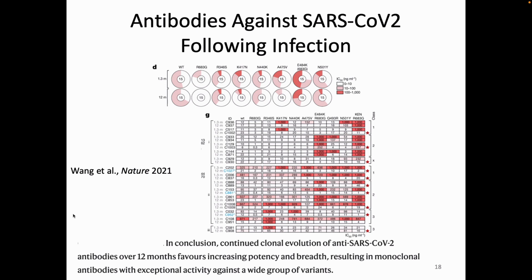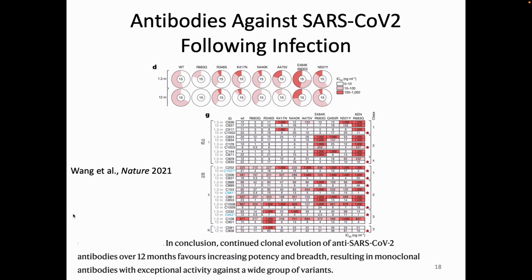This is actually telling you at 1 month and 12 months what percent will act at different levels. Here you can see that you've got some relatively weak ones, some kind of medium ones. And if you look at the variants, you've got some that don't work at all against the variants. But at 12 months, a lot of that red, the ones that don't work at all, are gone.